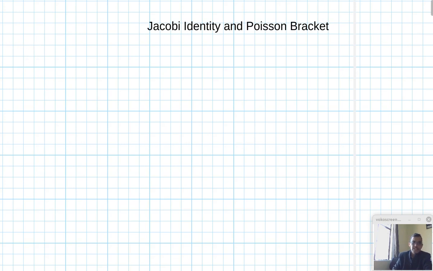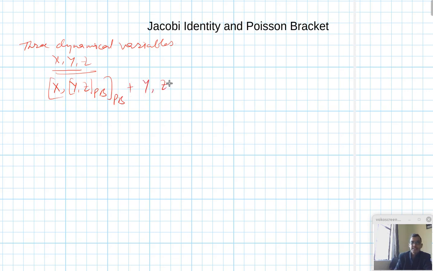So we are having three dynamical variables X, Y and Z. Now [X, [Y, Z]] in Poisson bracket, plus [Y, [Z, X]], plus [Z, [X, Y]]. This must be equal to 0. So this is known as the Jacobi identity.